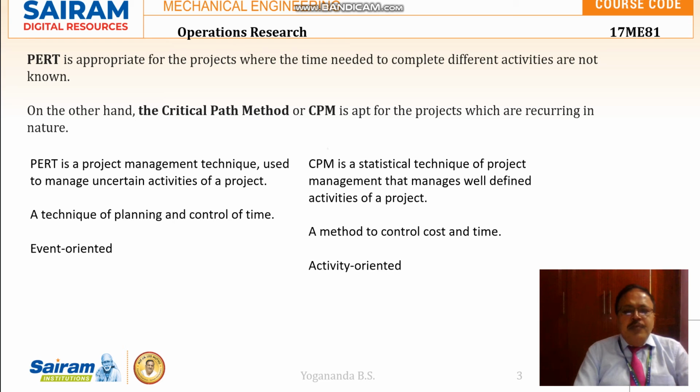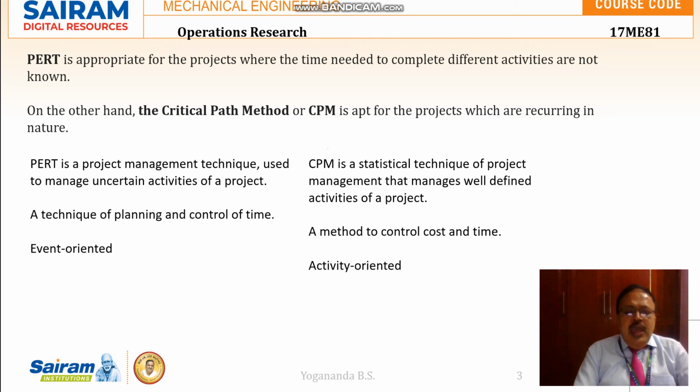On the other hand, the critical path method is very apt for projects which are recurring in nature, like the daily jobs the employees are doing. Here the work is very much routine, so no difficulties are involved. Critical path method is suitable for projects where the nature of the job is very common.